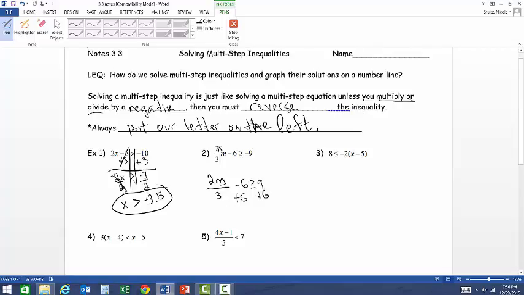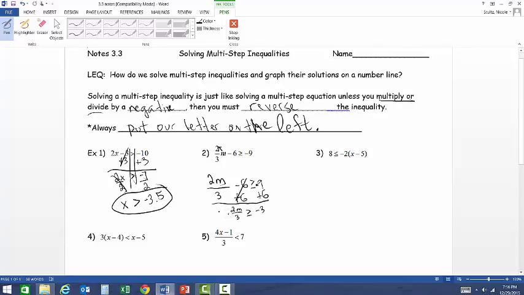We're going to add it. I'm left with 2m over 3. And I get 15 over here. Oh wait, oops, that's a negative 9. Did not see the negative. Negative 9 plus 6 is negative 3.